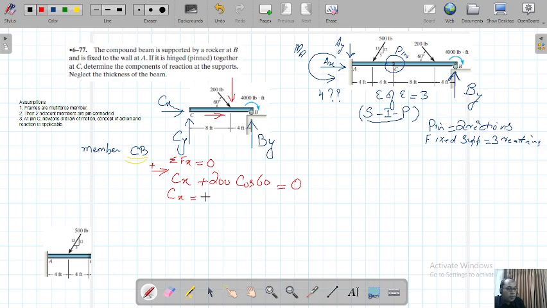It comes out to be minus 100 pounds. Minus 100 pounds. This component is positive acting.